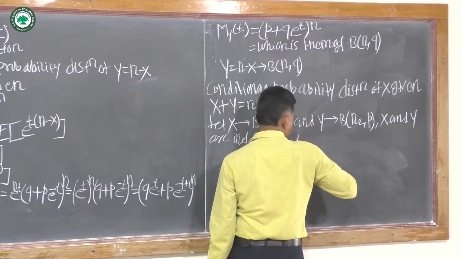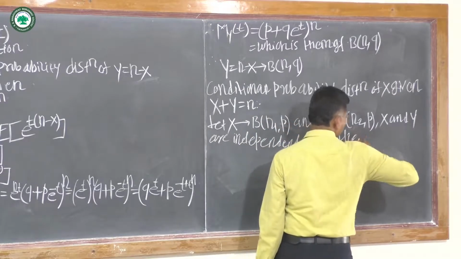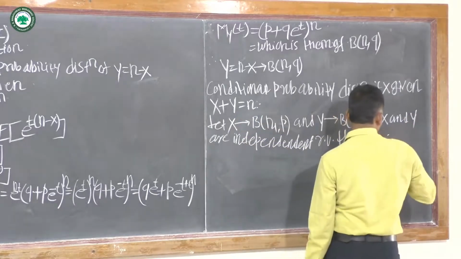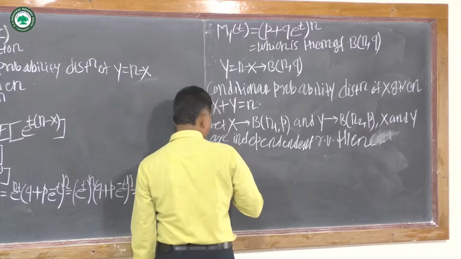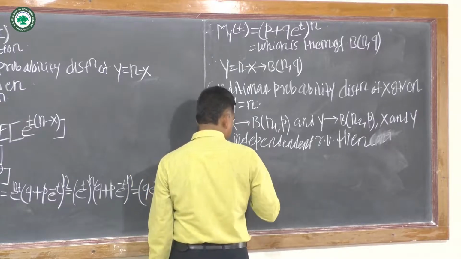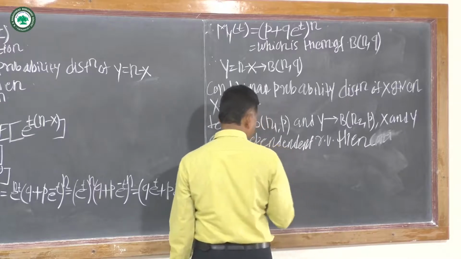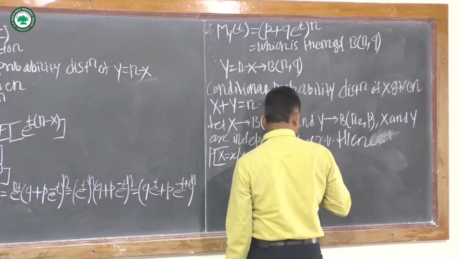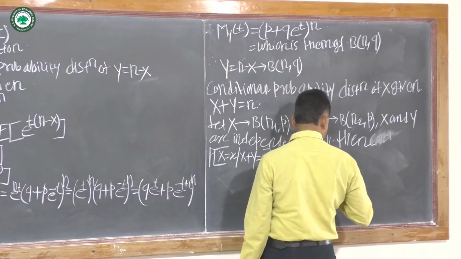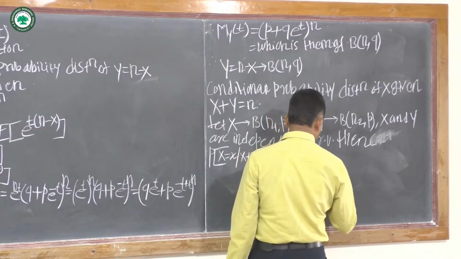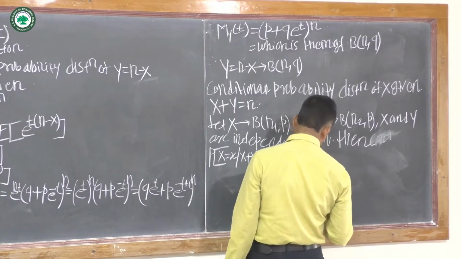Then the conditional probability distribution of X equal to small x given X plus Y is equal to n is equal to n1 C x into n2 C (n minus x), this whole divided by (n1 plus n2) C n.